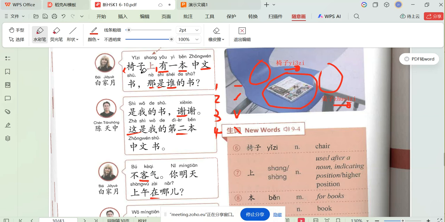Say the whole sentence again. 椅子上有一本中文书。So whose book is that? 那是谁的书？That is whose book?